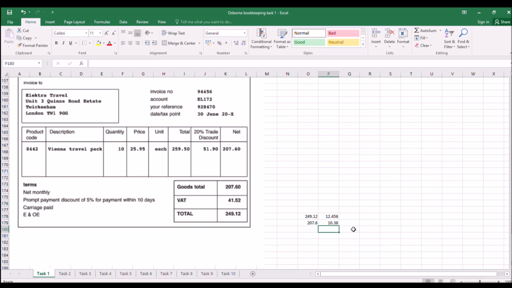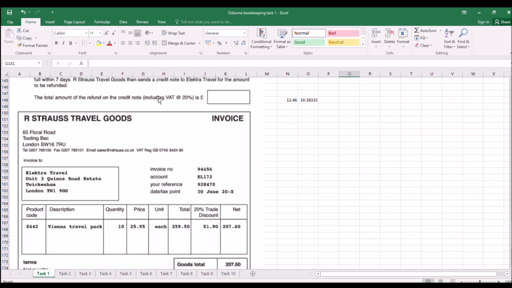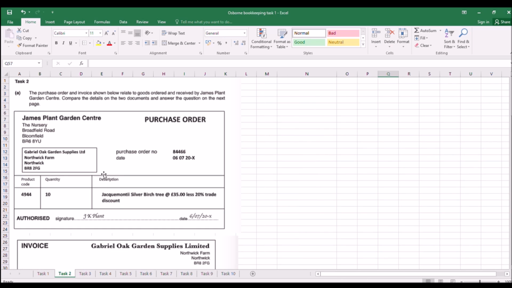It was £10.38, and the VAT on that would have been 20%, which would have been £2.08. So just watch that question there, just in case it was like show us the net figure or something like that. And that's the only thing you could really twiddle around with in that question.